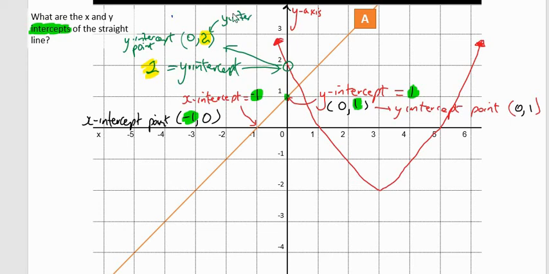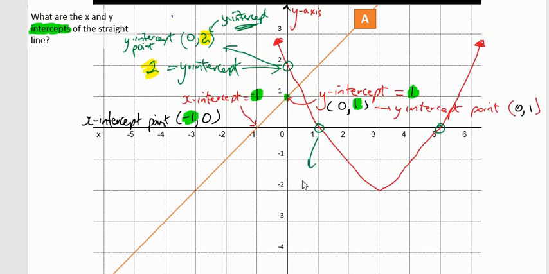Did you remember that? It's the y-intercept point, with two coordinates, but the y value is simply called the y-intercept. In terms of the x-intercept, how many places does it cut the x-axis? 2. So it has 2 x-intercepts.